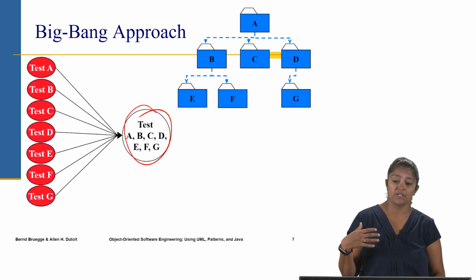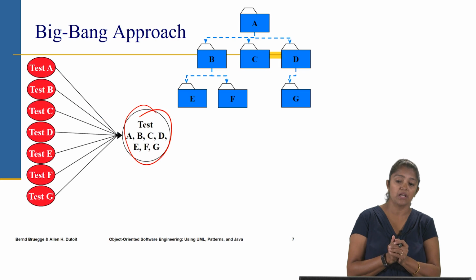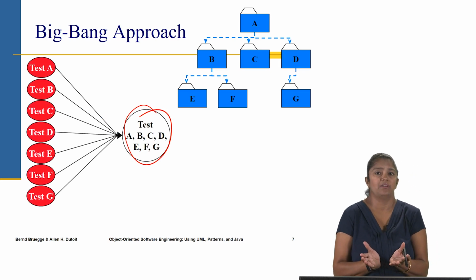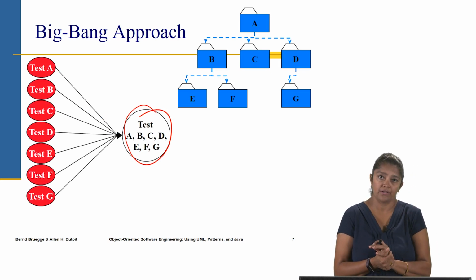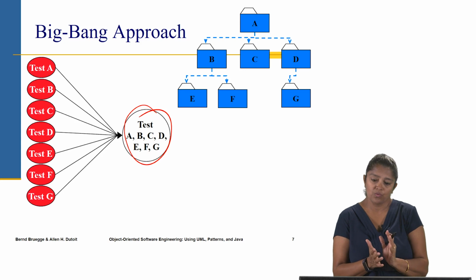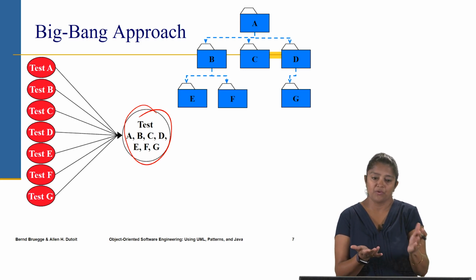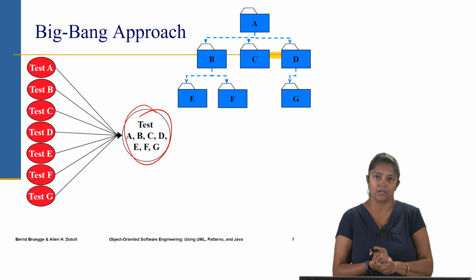But as you can see from the way it's done, it's really not the most effective way to do integration testing. Let me pause there for a couple of seconds and let you think why. What is missing? With this kind of testing, what is not getting tested?